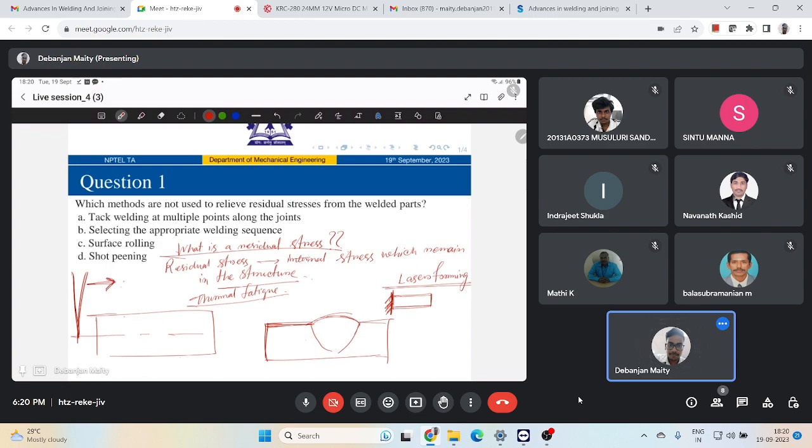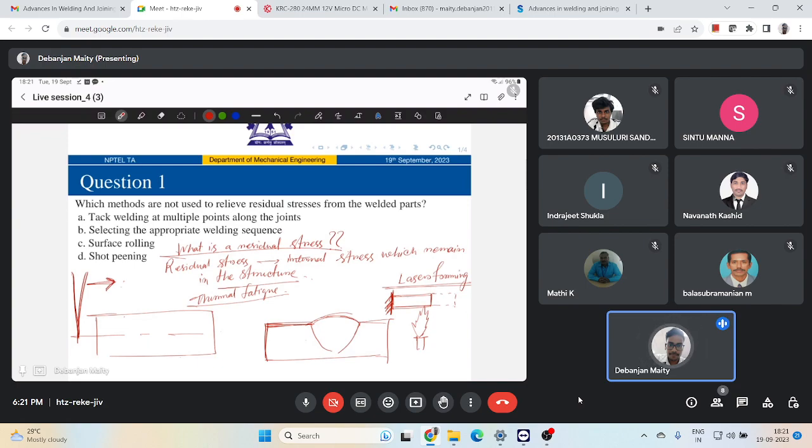Now I am heating up this material through some flame. It will try to expand, yes or no? So it will try to expand over here, wherever it is feeling free, right? So some kind of thermal stress will generate over there.